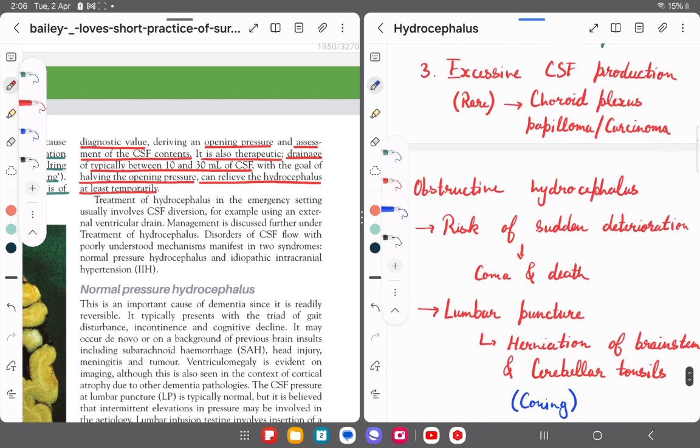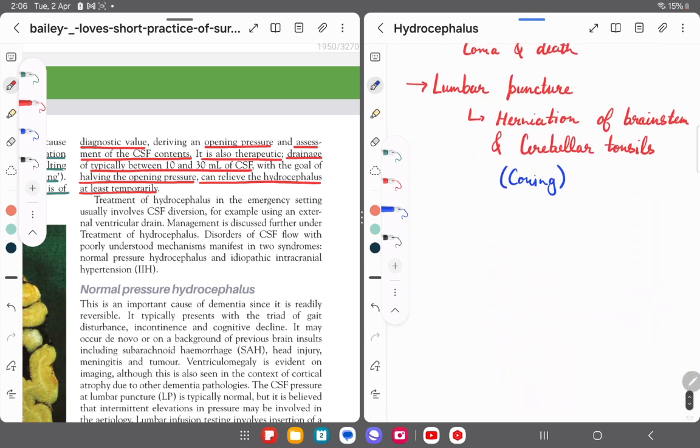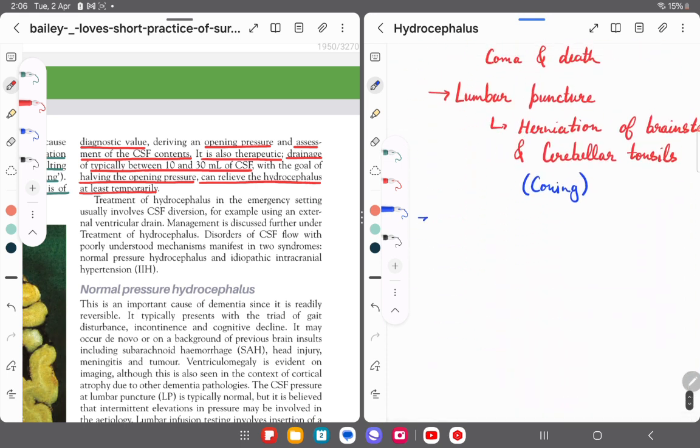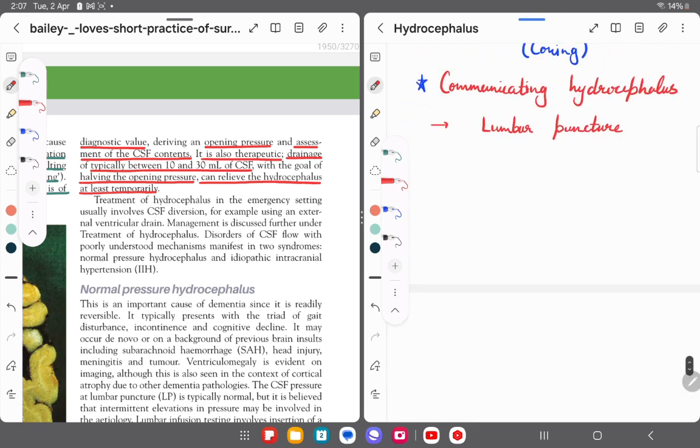So we have seen obstructive hydrocephalus and the role of lumbar puncture in it. Now we'll see communicating hydrocephalus. Lumbar puncture in communicating hydrocephalus is both diagnostic and therapeutic.